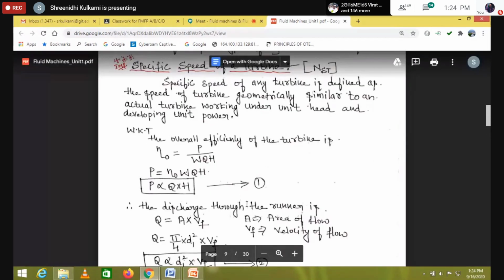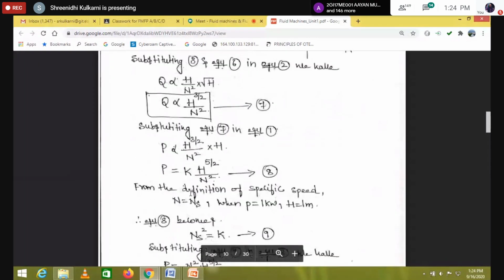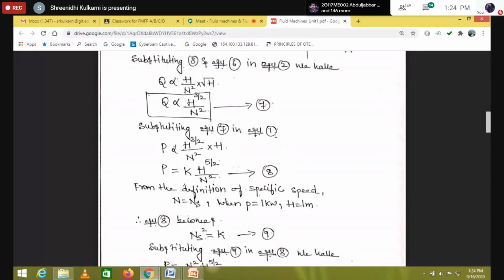And next you just see equation 1. In equation 1, you can see Q. Whatever Q we got right now, we can substitute in equation 1. So substituting equation 7 in equation 1, directly: P is directly proportional to Q into H. Whatever Q we got, I am substituting here, h to the power of 3 by 2 by N square, into H. So here we have the proportionality.